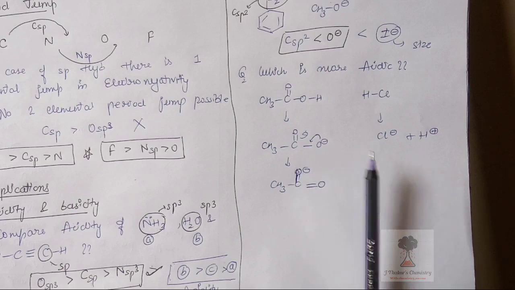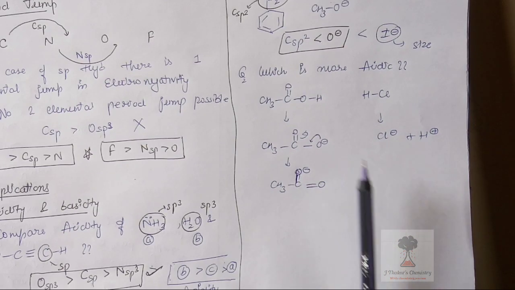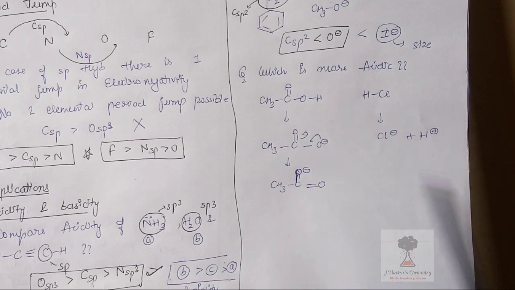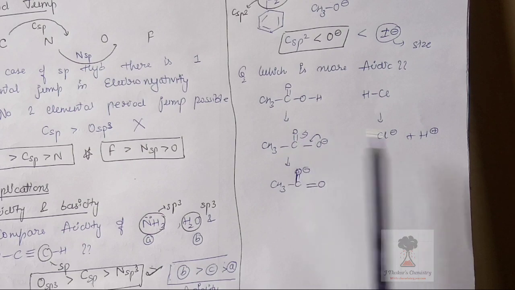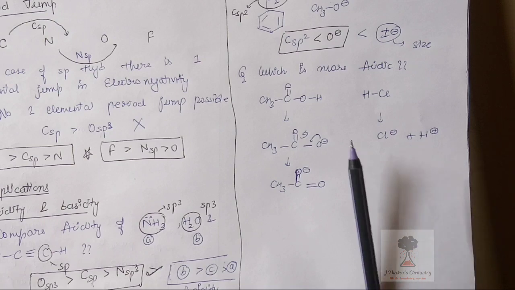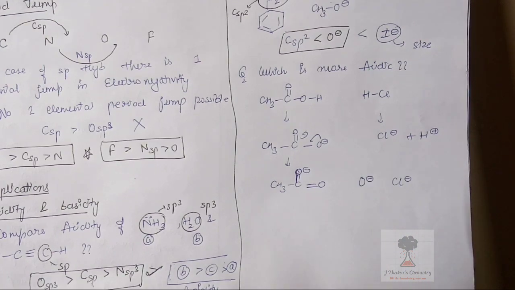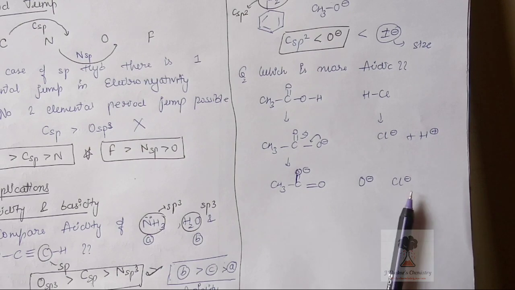Firstly, we have to check the elemental electronegativity. This is the primary concept to check any acidic strength or the stability of any element. So keep in mind that you have to check the elemental electronegativity of the element first. Here chlorine is bigger in size in comparison to oxygen and has high electronegativity.